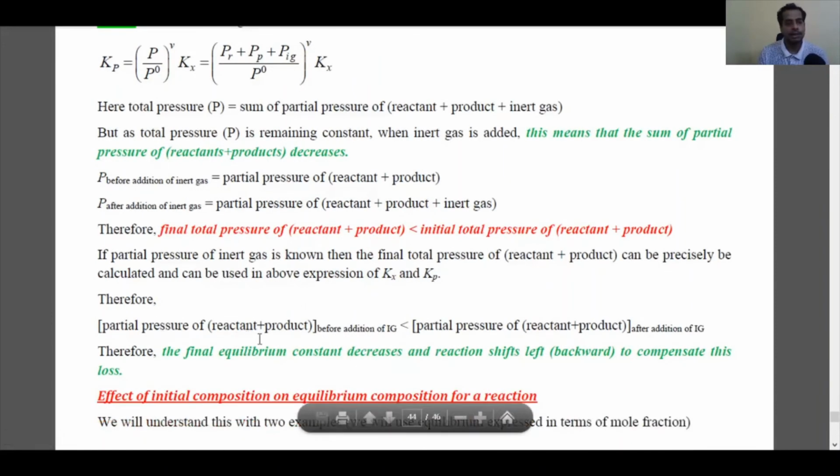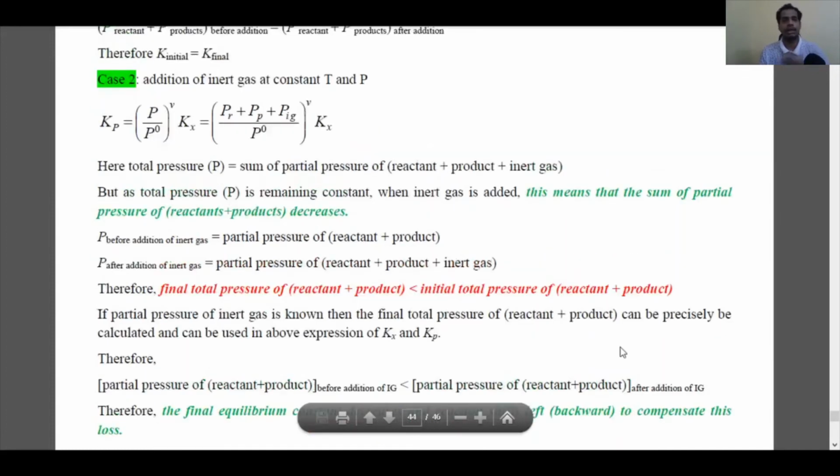Therefore the partial pressure of reactant and product before addition of inert gas will be greater than the partial pressure of reactant and product after addition of inert gas. This was wrongly written here, so please correct this: it should be the greater than sign.